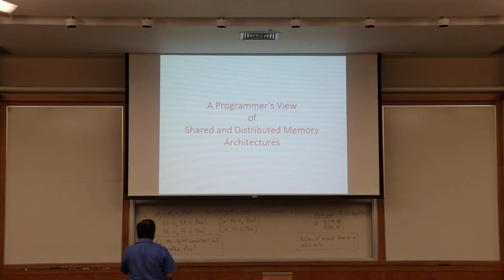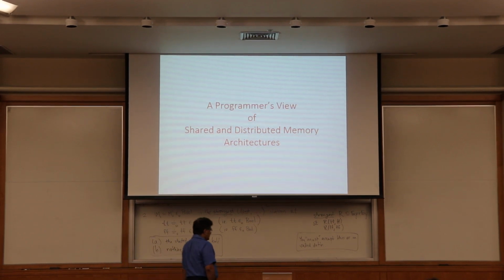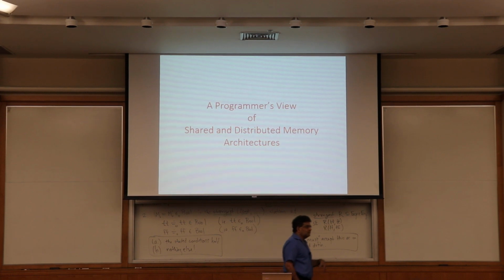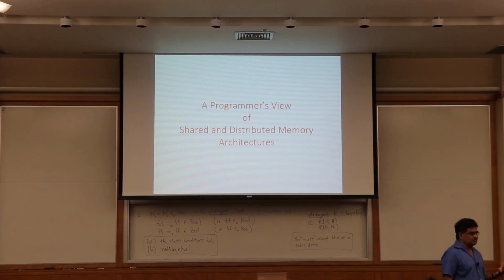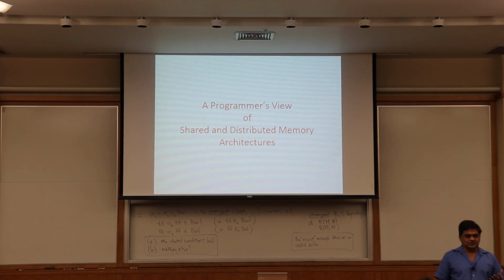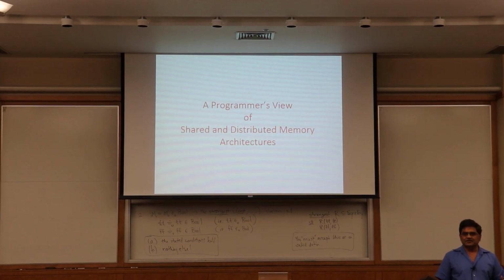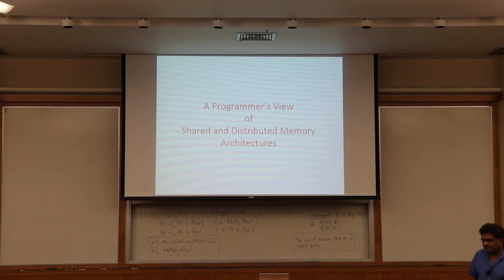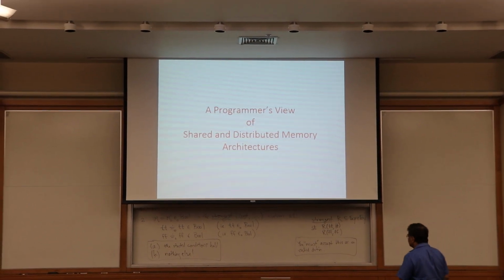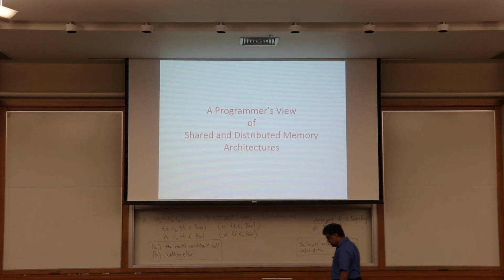So I think it's useful, even if you're interested in functional languages, to understand how other people do business. Because after all, most of the people doing parallel programming in the world are not doing it using functional languages. They're doing it using imperative languages. So if nothing else, you need to know what the rest of the world is doing. So I think that's one thing that I'd like you to keep in mind.